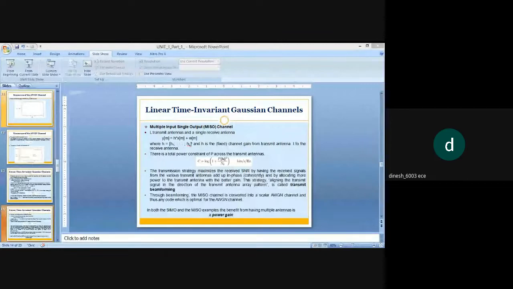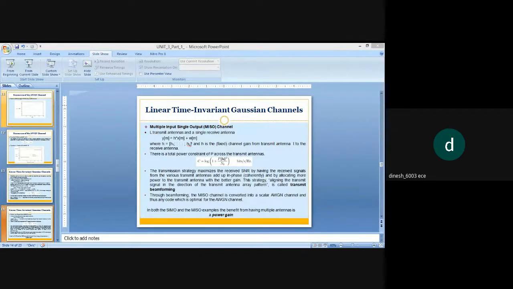The transformed channel will be a collection of subchannels, one for each subcarrier n, and each of the subchannels is an additive white Gaussian noise channel, where the power constraint on the input symbols in time translates to one on the data symbols on the subcarriers using Parseval's theorem of the discrete Fourier transform. It is an application of Parseval's theorem that is used in these frequency selective fading channels.